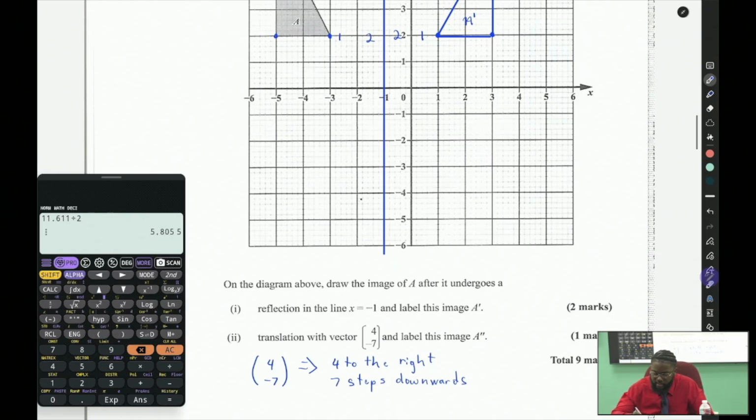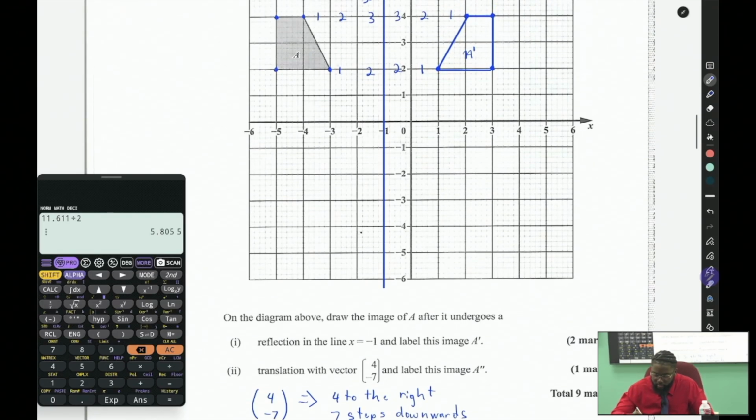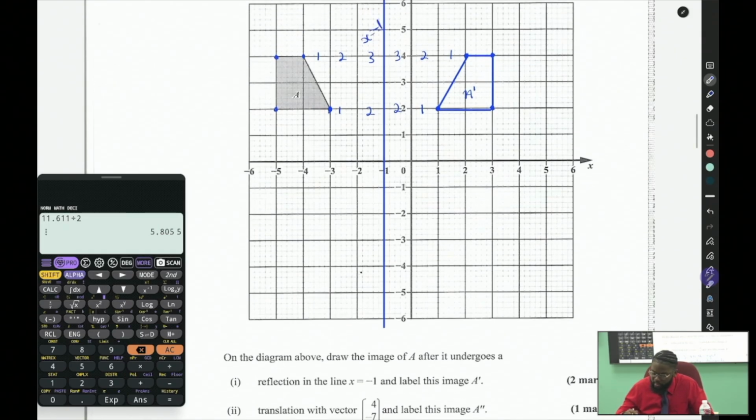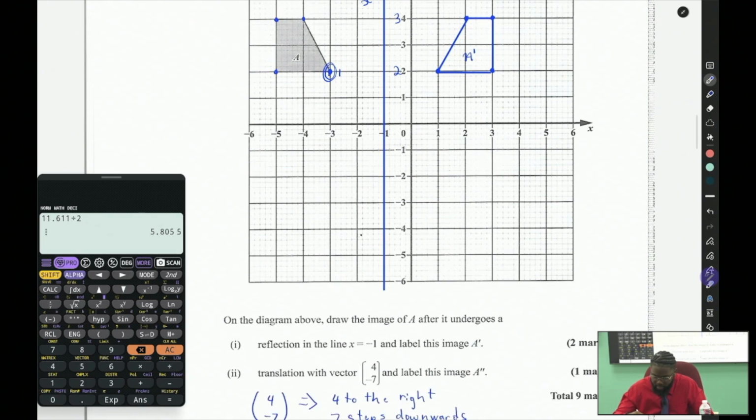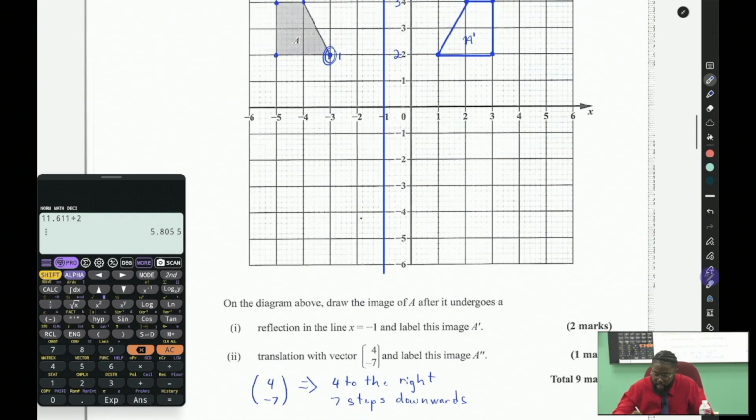So we start, let us use this point here. We're going to start from the first point here. We're going to jump to the right 4 times and then jump downwards 7 times.